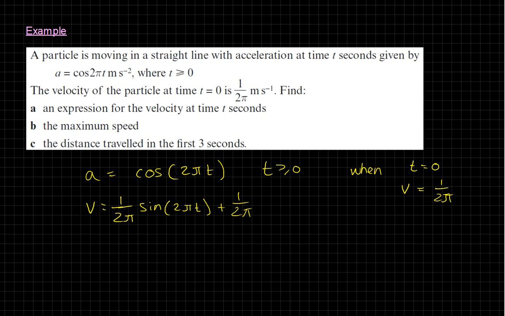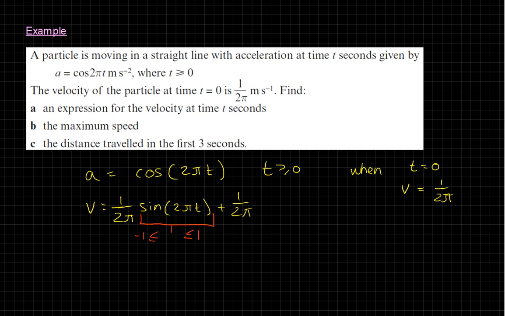So let's just think what's going on with this sine value. I'm multiplying it by 2 pi, doesn't particularly matter. No matter what inputs I put into sine, the output is always going to be less than or equal to 1 and greater than or equal to minus 1. Right, this thing, sine 2 pi t.